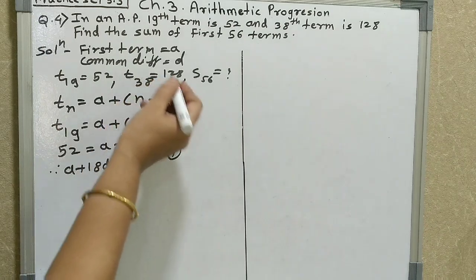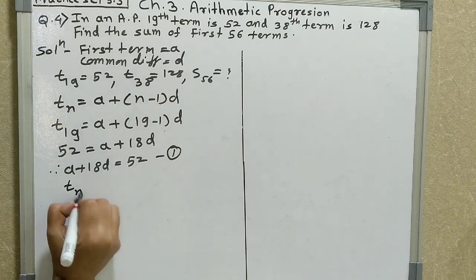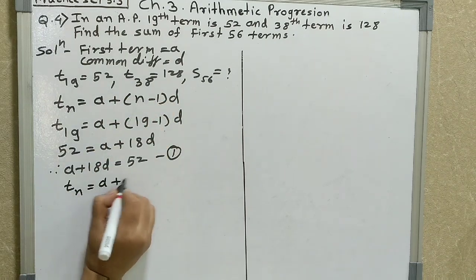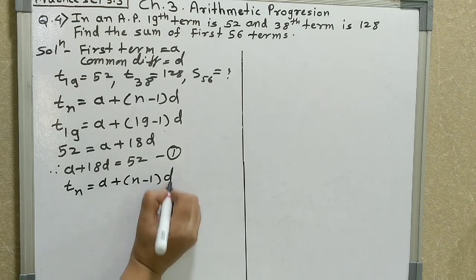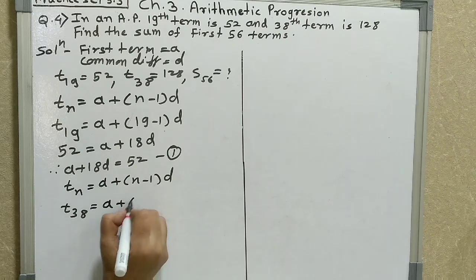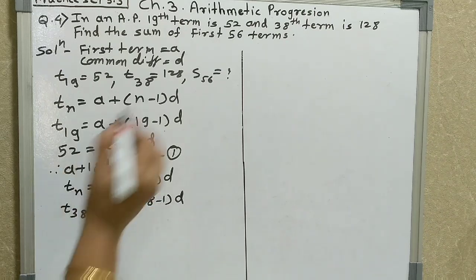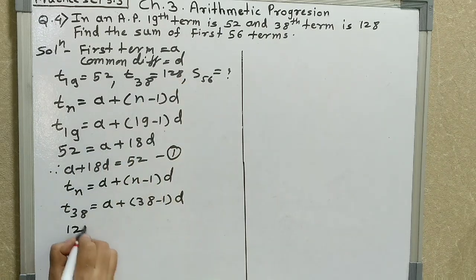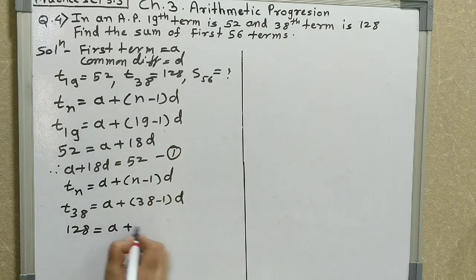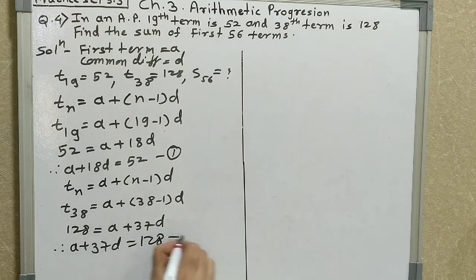Then we put the value of T38. Again we use the formula Tn is equal to A plus n minus 1 into D. T38 is equal to A plus 38 minus 1 into D. The value of T38 is 128, so A plus 37D is equal to 128.